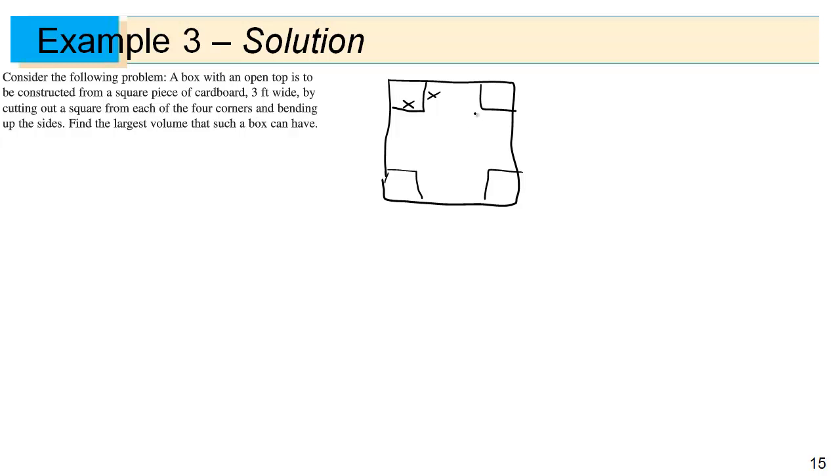And when we fold it up, can you see now that if you fold those 4 tabs up, it'll create a box that looks something like this?